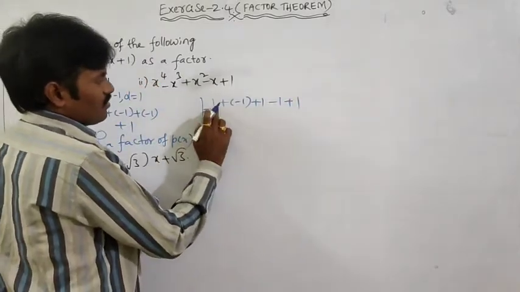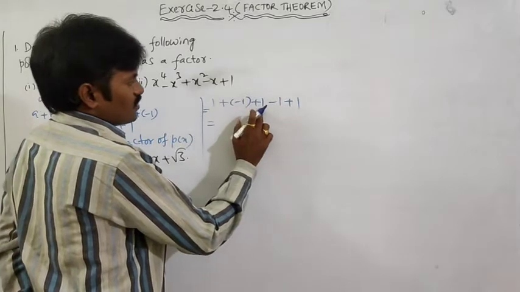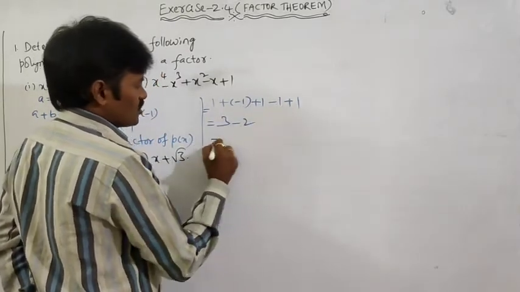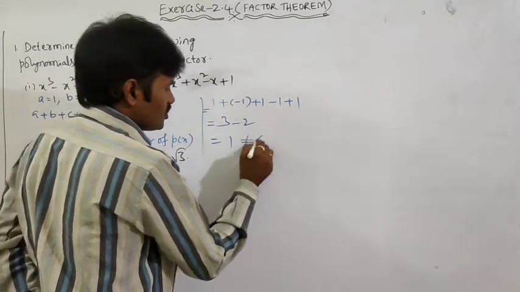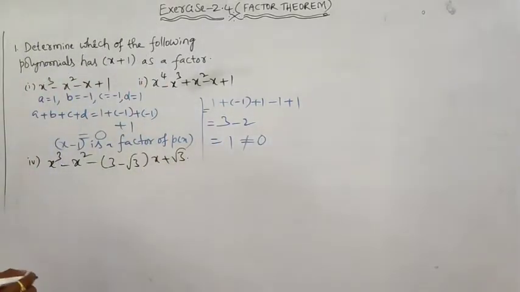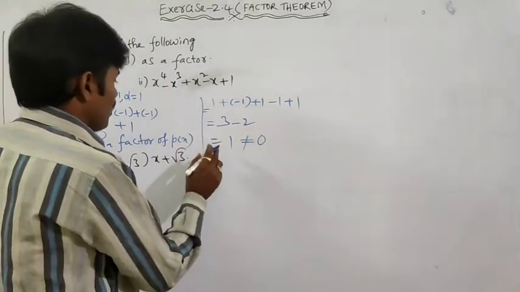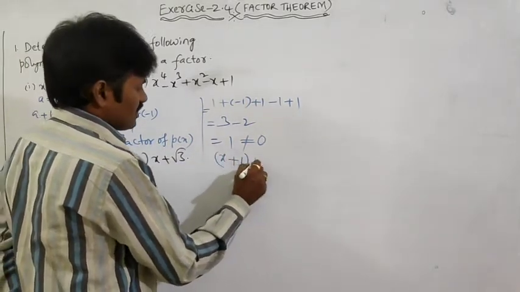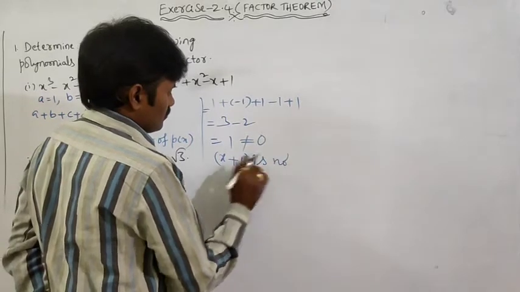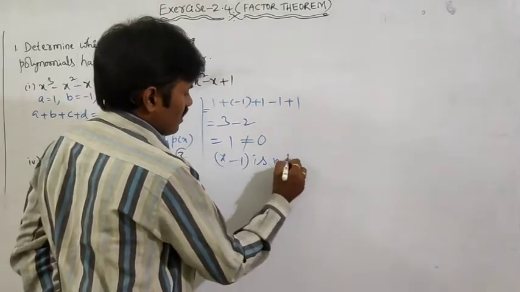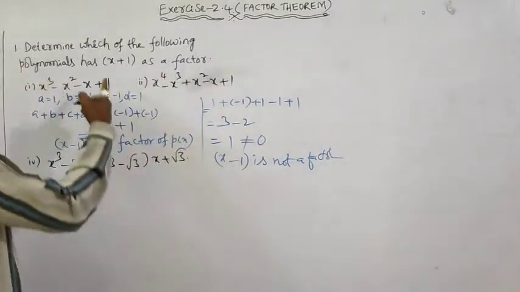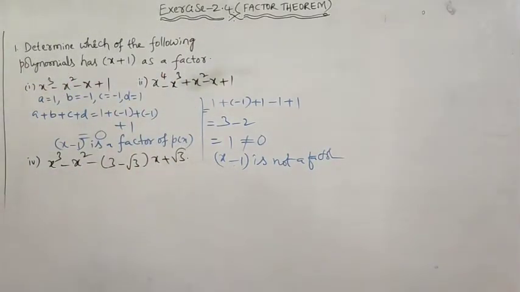Now simplify: 1 plus 1 is 2, 2 plus 1 is 3, minus 1 minus 1 is minus 2. 3 minus 2 is equal to 1, but it is not equal to 0. So what can you say here? x minus 1 is not a factor. But we have to check whether x plus 1 is a factor or not.